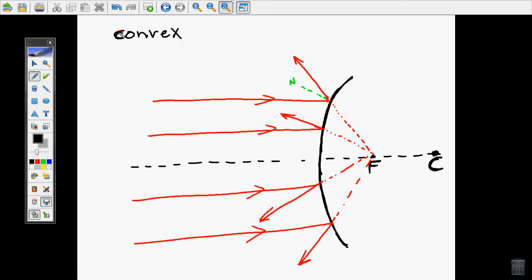Notice the convex mirror. All the light rays spread apart. So it's also known as a diverging mirror, because all the light rays diverge when they reflect off of it.